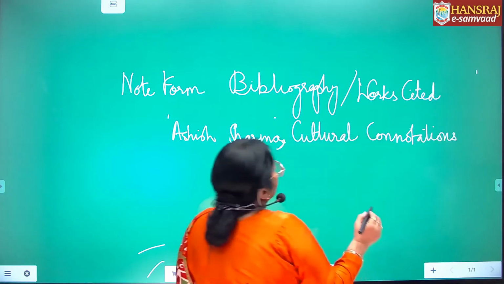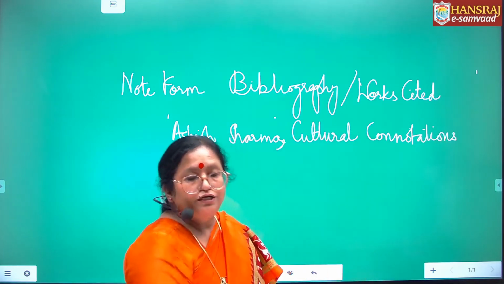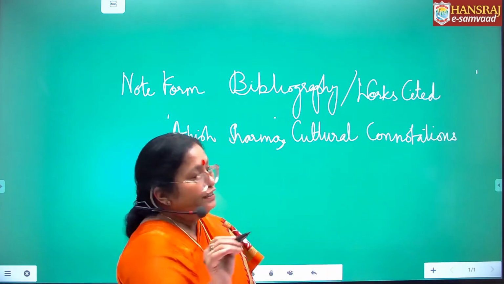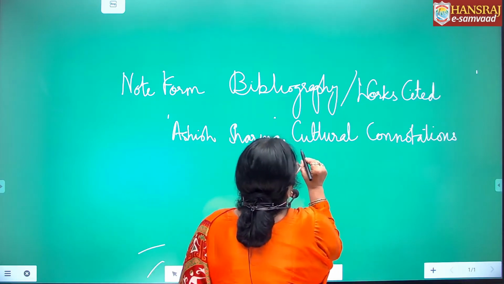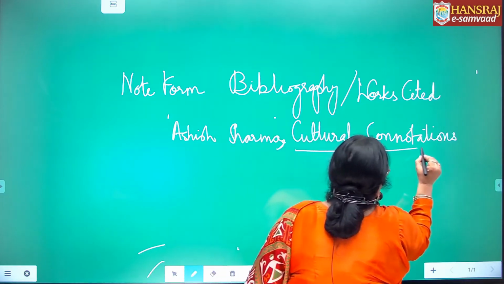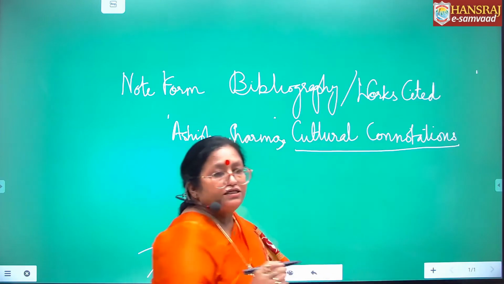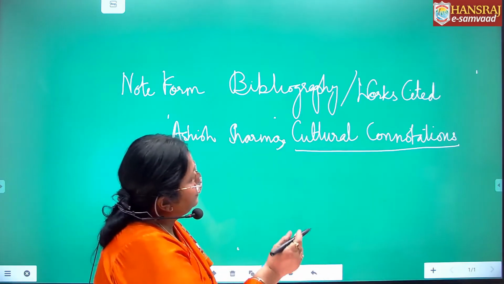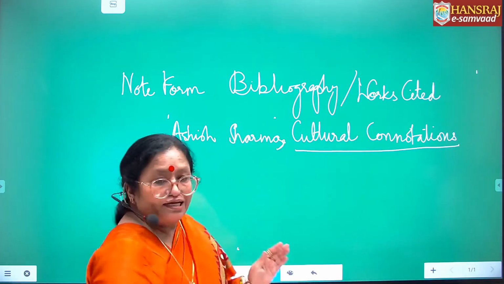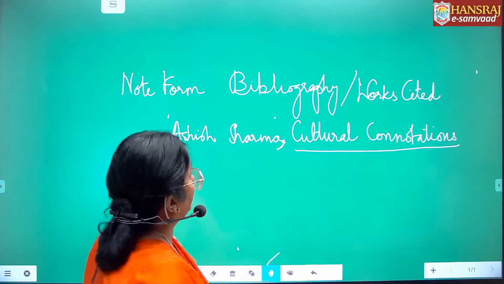As I told you, the name of the book, the name of the anthology, that is treated as a book, so we underline it, meaning it is to be converted into italics when it comes to the printing part.